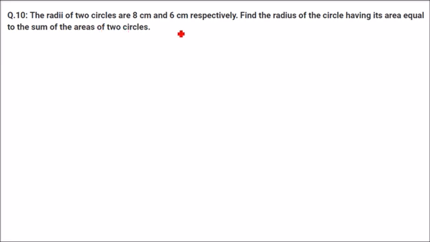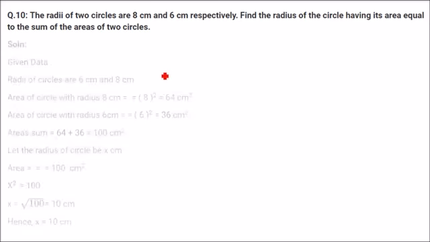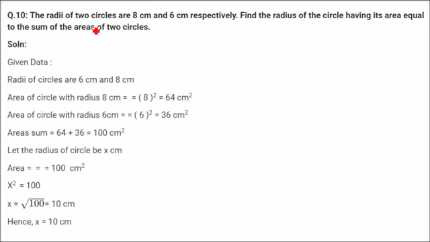The radii of two circles are 8 and 6 centimeters respectively. Find the radius of the circle having its area equal to the sum of the areas of the two circles. The area of a circle with radius 8 is pi r1 square, and the other is pi r2 square, with radius 6.